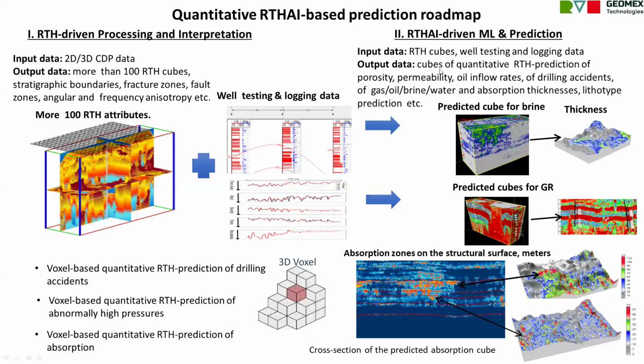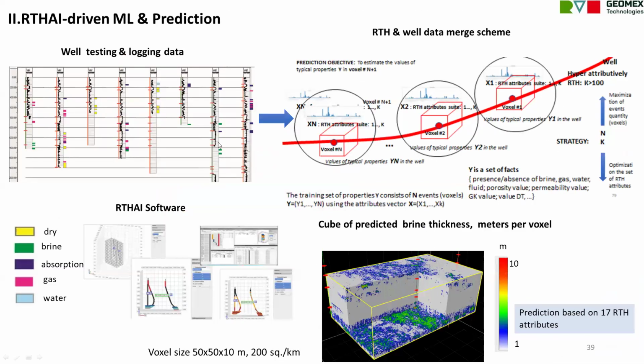The output of this RTH-driven machine learning prediction is cubes of quantitative RTH prediction of porosity, permeability, inflow of drilling accidents, gas, oil, brine, water, and absorption thickness, lithotype prediction, etc. For each voxel there is the result: prediction cube of brine, prediction cube of gamma ray, and so on. More detail. It's the last slide concerning some detail of machine learning.